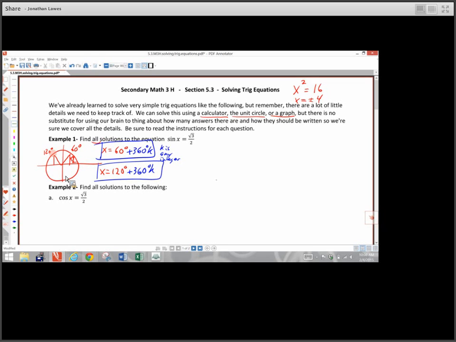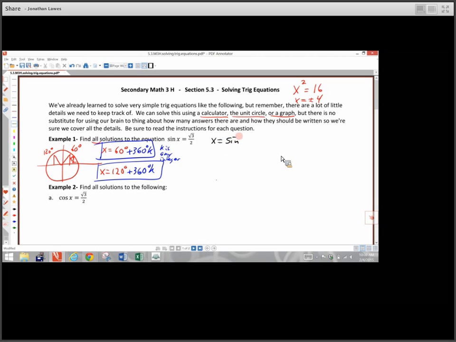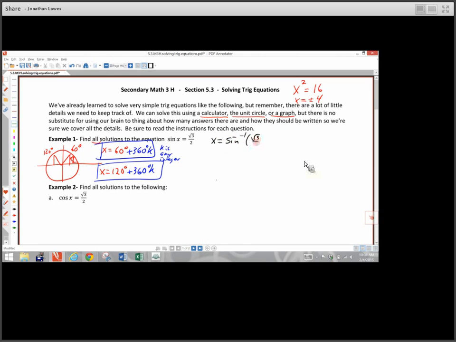All right. Okay, so that's how we can solve it by looking at the unit circle and drawing triangles and stuff like that. Let's solve this using our calculator. So if I were going to use a calculator to solve this, here's what we'd do. We'd say x is equal to sine inverse of radical 3 over 2. So make sure your calculator's in degree mode, and let's type that into the calculator.